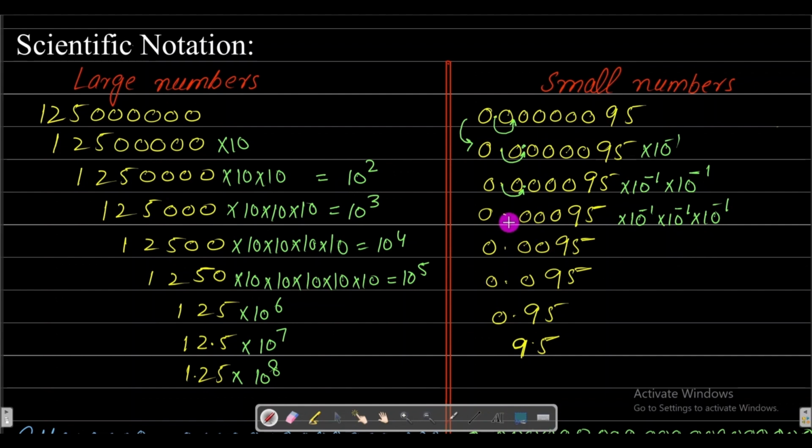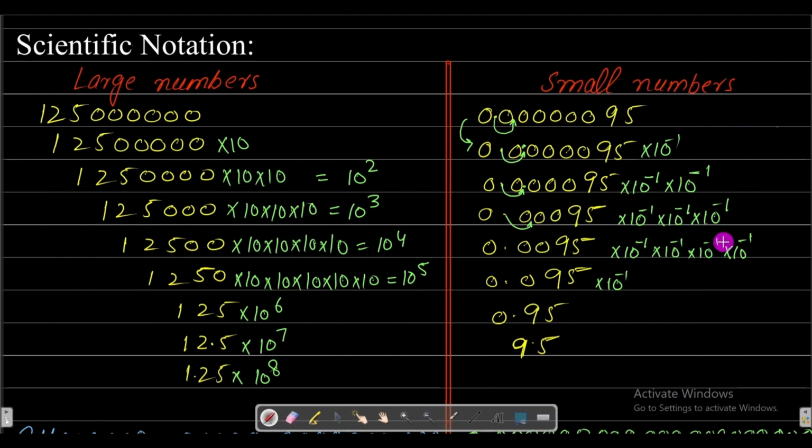And similarly, if we shift this point here, we will multiply this with 10, and in order to maintain the magnitude, we will divide this with 10. So here with this, we have these three as they are. And for this step, we will write here 10 power minus 1. And similarly for this, it will become 10 power minus 1.